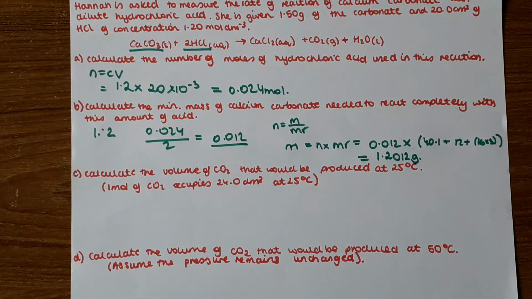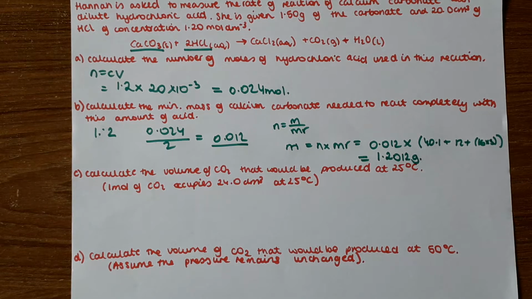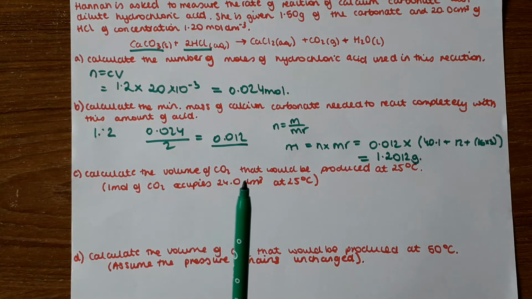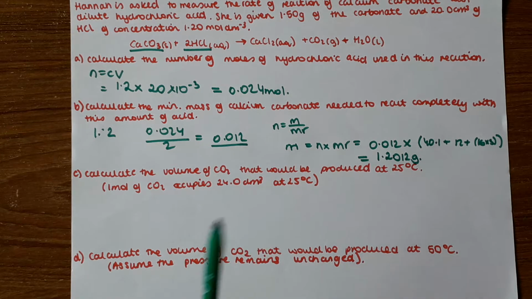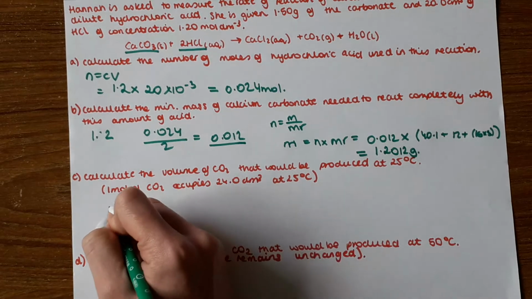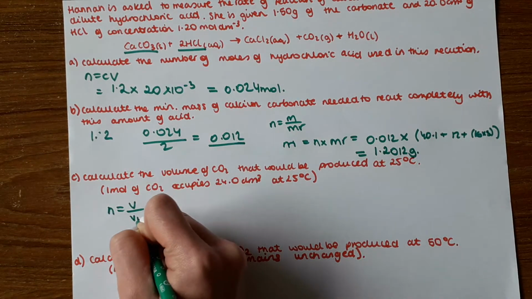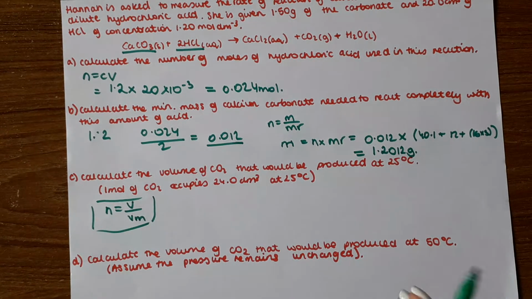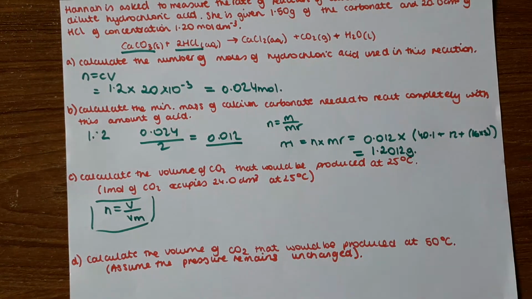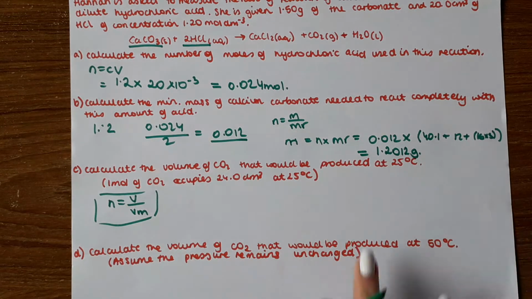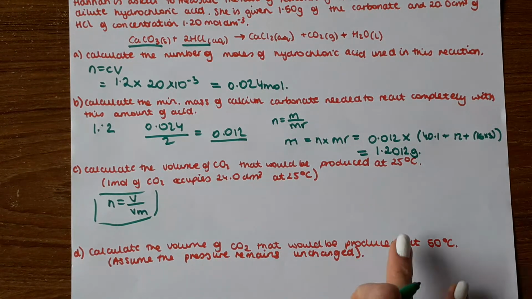at 25 degrees Celsius. And we're also told that 1 mole of carbon dioxide occupies 24 dm³ at 25 degrees Celsius. So for this part, we're actually going to need this equation. If you're not familiar with this equation, please visit my blog. I'll leave all the links in the description box below, where we go through all of these equations that you have to know off by heart for the exam.